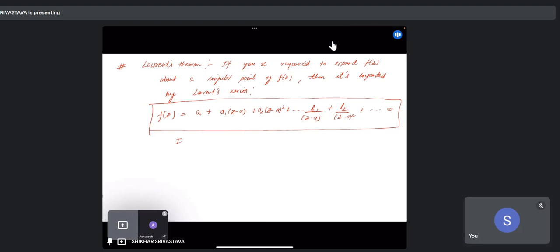If you put z minus a equal to t, this will become f of t equals a0 plus a1 t plus a2 t square up to infinity, plus b1 by t plus b2 by t square up to infinity.